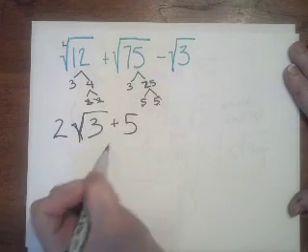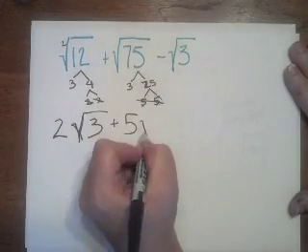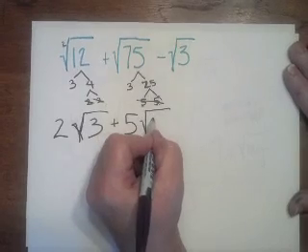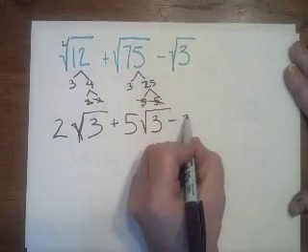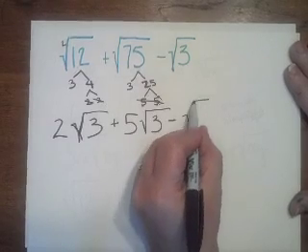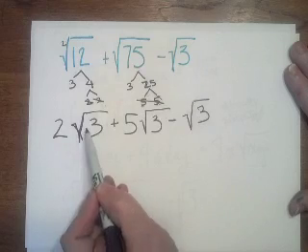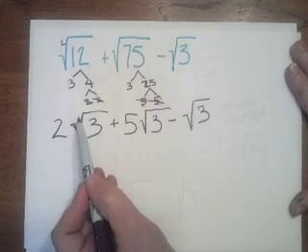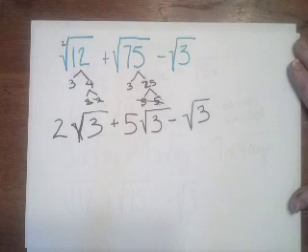Those 2 numbers become one 5 outside, and I'm left with my 3 inside. And then I have just the square root of 3. Now, all of a sudden, I have the same root of the same base, the square root of 3, on all of these.